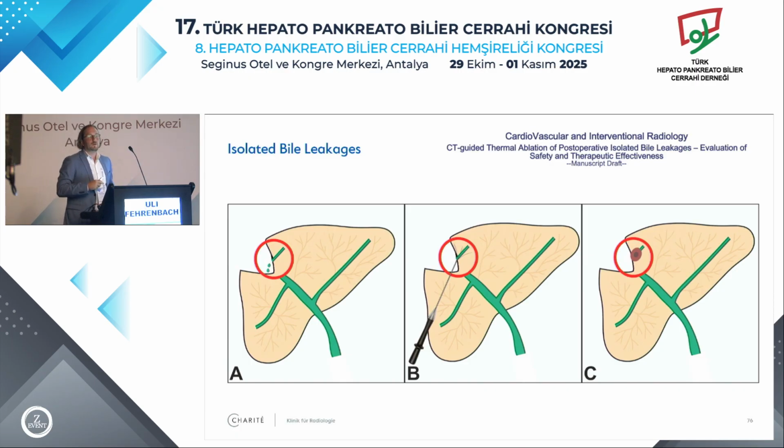So you cannot treat it with endoscopic drainage or with a PTBD. Most of these cases really need a long-term bilioma drainage, and we thought about managing it with thermal ablation, according to surgical closing of the duct with heat.